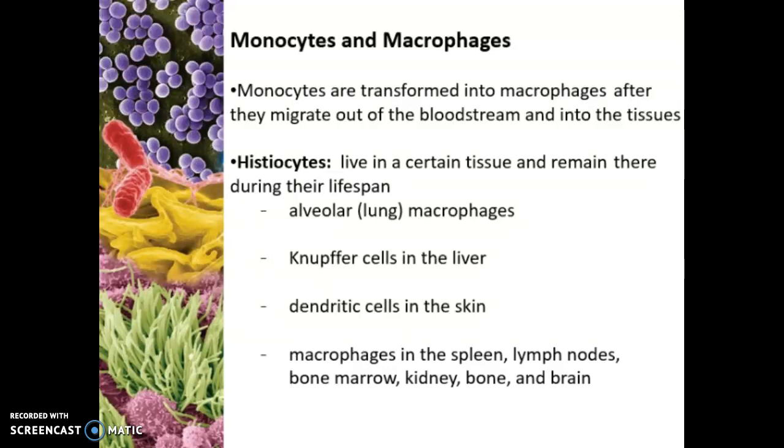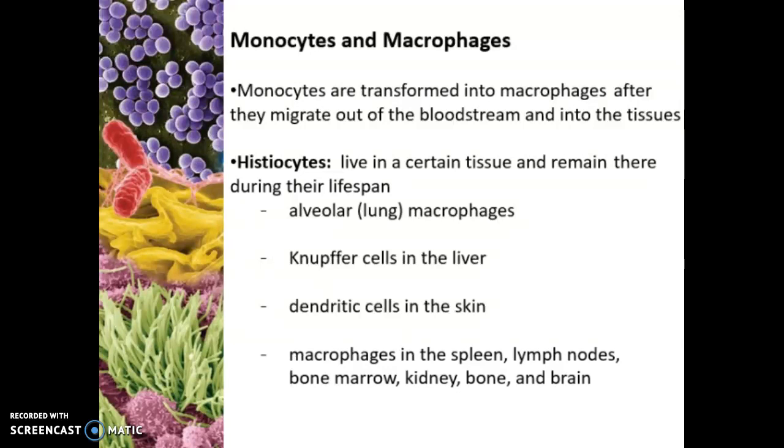Now there's also what are called histiocytes. Histiocytes are phagocytes very similar to macrophages, but they live in a certain tissue and just stay there. Because of that, histiocytes and macrophages have other specific surface proteins to identify them as a particular type of macrophage.